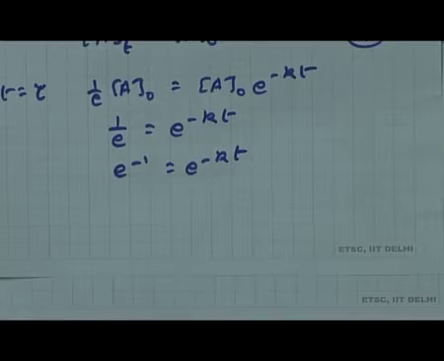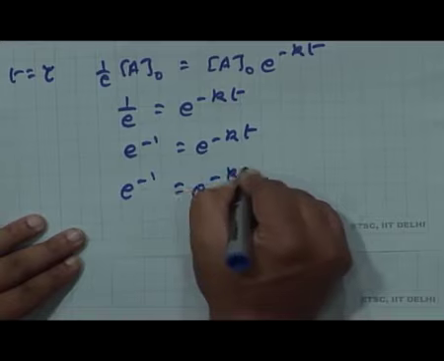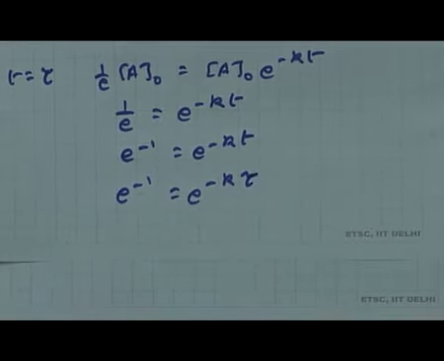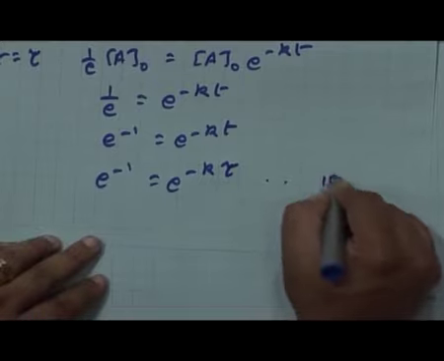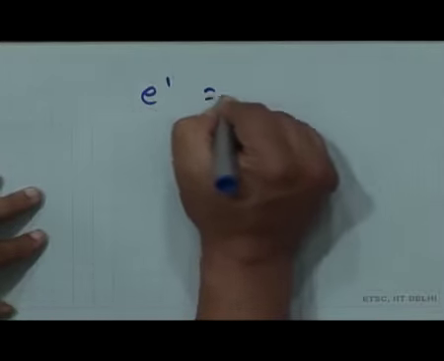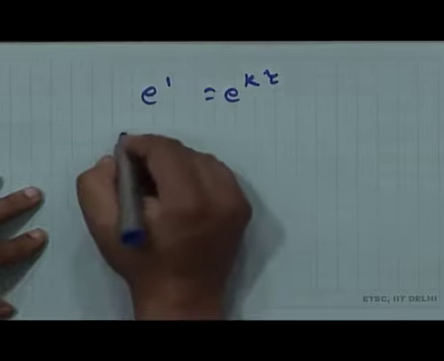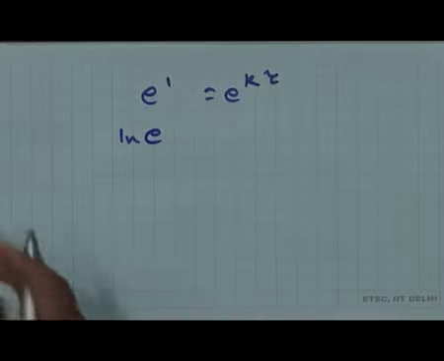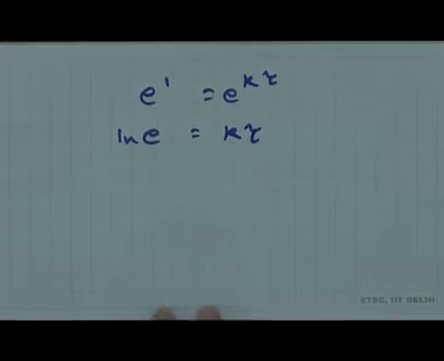Remember, this is t is equal to tau. So now I can write e to the power minus 1 is equal to e to the power minus k times tau, where I have replaced t by tau because tau is the relaxation time. Then, if this is, say, equation 15 for me, I can write e to the power 1 is equal to e to the power k tau, or I take natural log on both sides, it does not matter, this is equal to k tau.